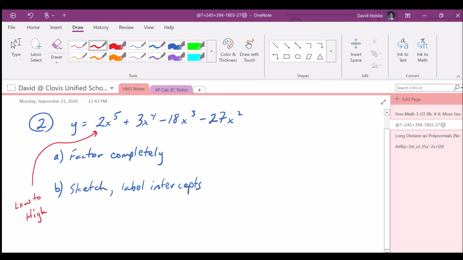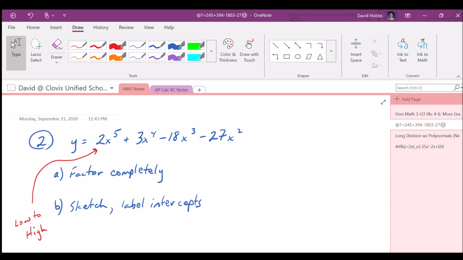If I plug in 0 for all the x's, I get y-intercept of 0. In other words, 0, 0. So one of the x-intercepts is going to be 0, and the y-intercept is 0.